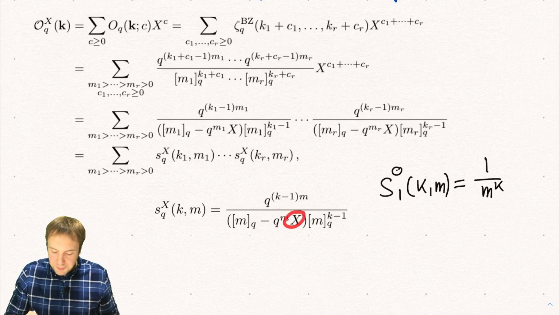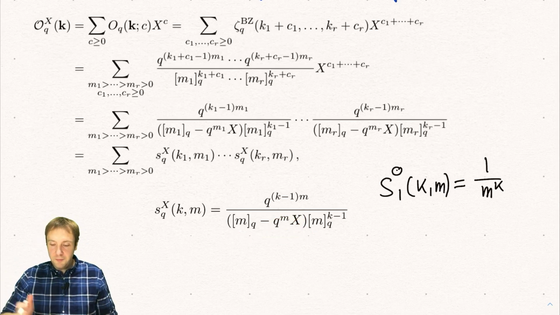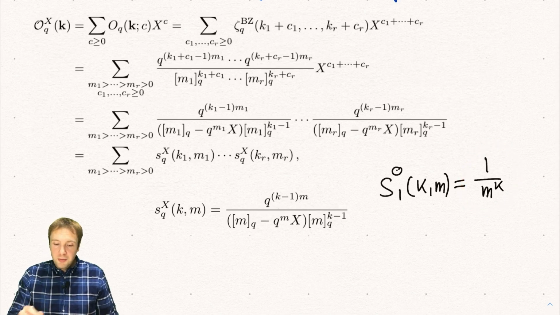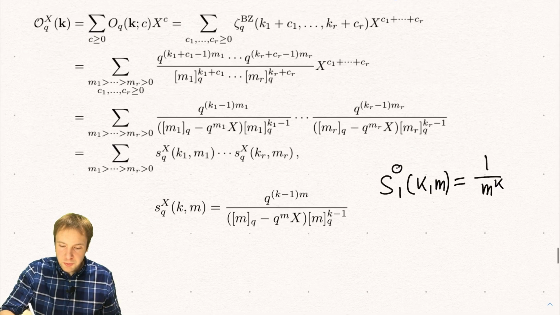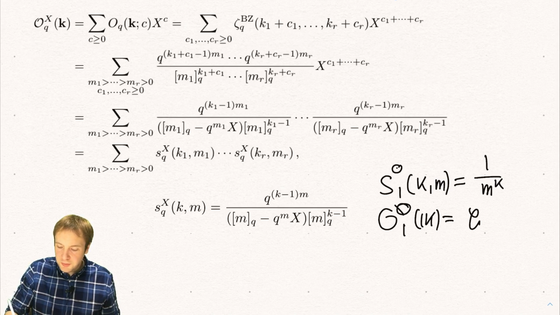Because here if x is 0, this term vanishes, and then I have m_q to the power k, and there if I send q to 1, this is just m to the k, and sending q to 1 here is just 1, and therefore this is just 1 over m to the k. So in particular we see, or what we also saw before, which you can see here, is that the Q Ohno sum of 0, 1 is just the multiple zeta value zeta k.